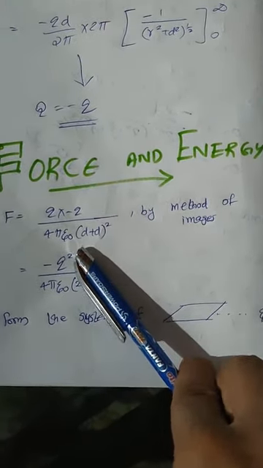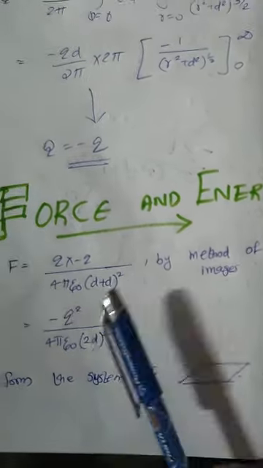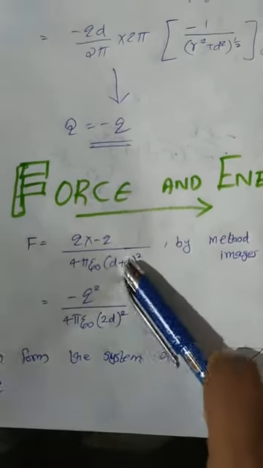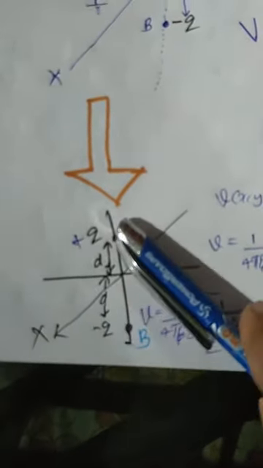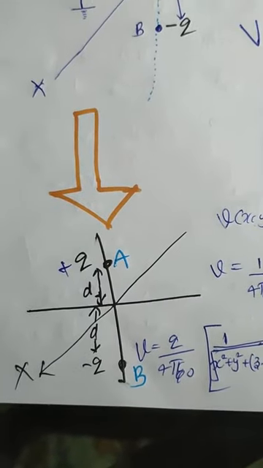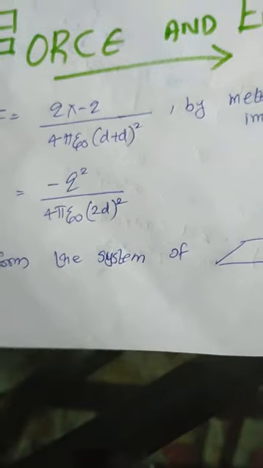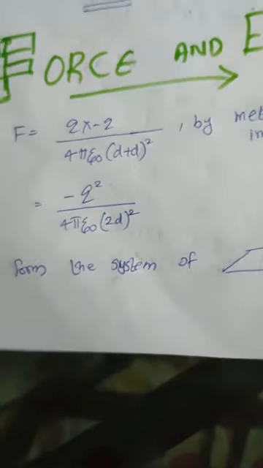The distance between them is d plus d, the whole squared, and this d plus d originates from the reduced diagram. Here we have d, here we have another d, and this d and this d together contribute 2d. So this is the force that arises when this kind of charge setup occurs.